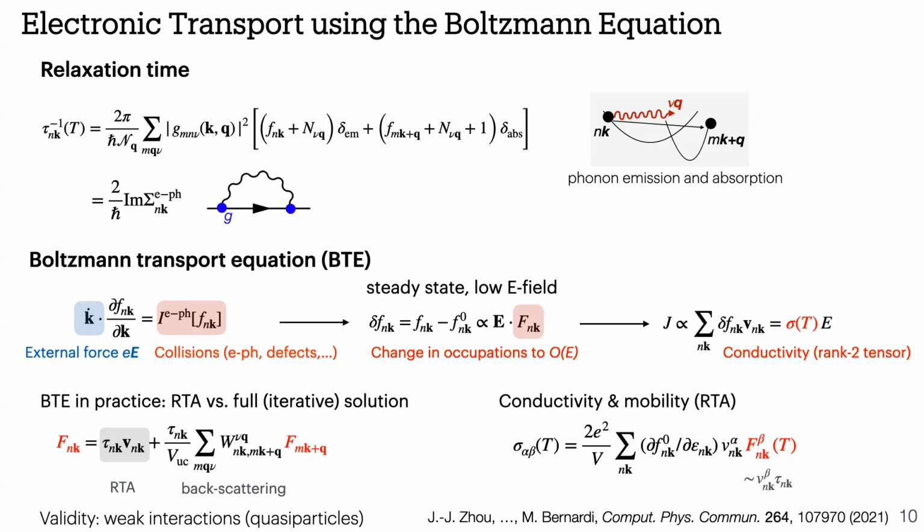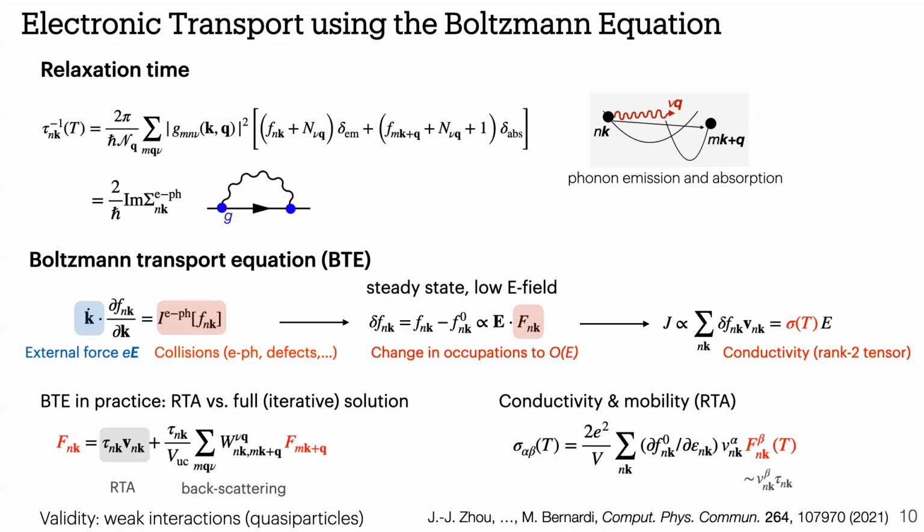And so quite often you can stop at that, and it gives a pretty good account of the change in occupation. However, that does not capture backscattering, which is in the next term. And so if you want to include backscattering, then you can solve the entire equation iteratively. So typically, you start from an initial guess, which is just given by the RTA form for F, and then you plug that in the right-hand side and then continue solving until you reach convergence.